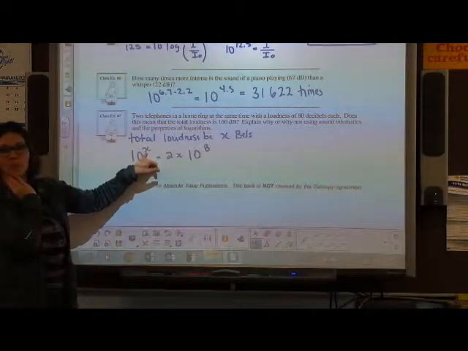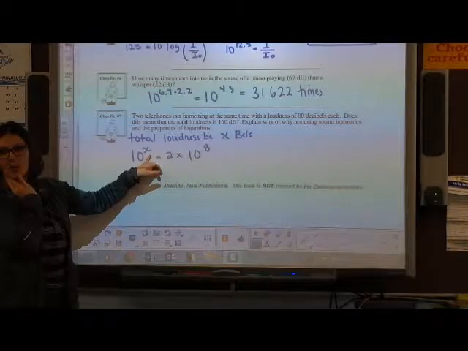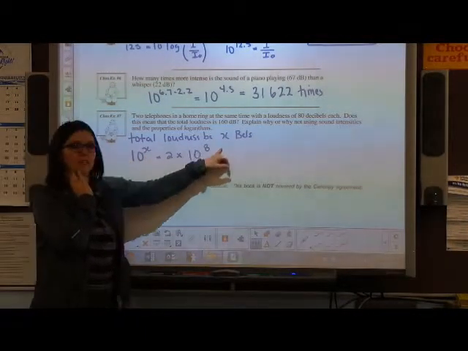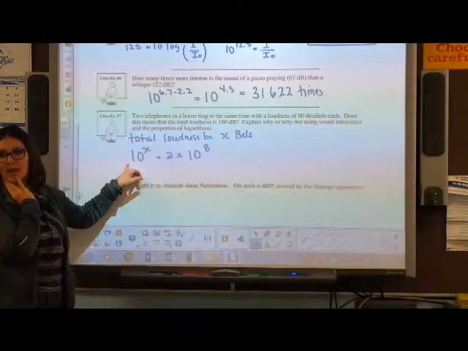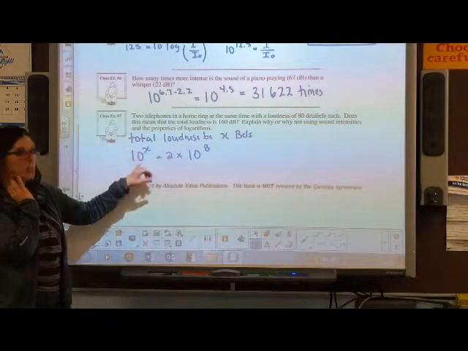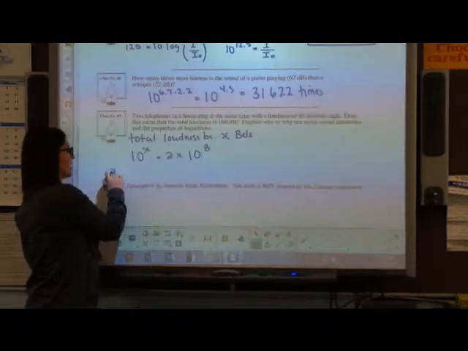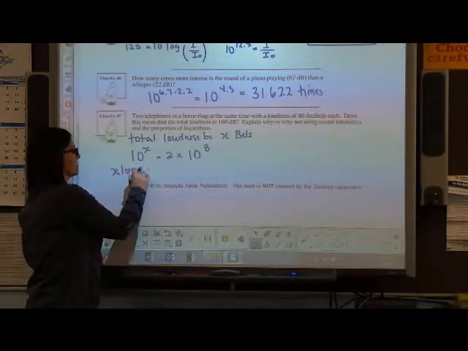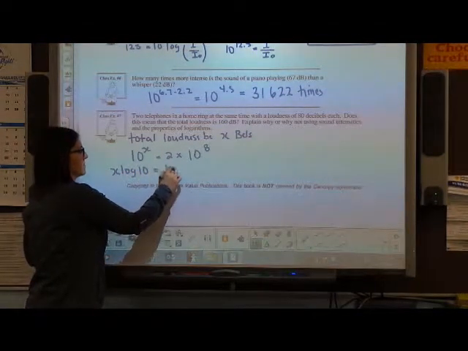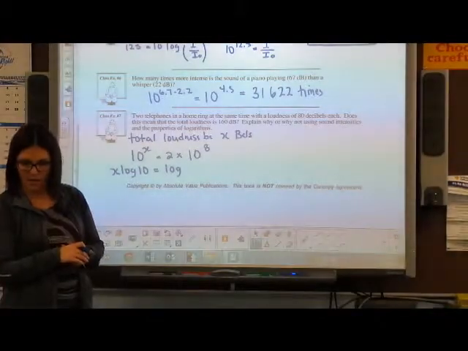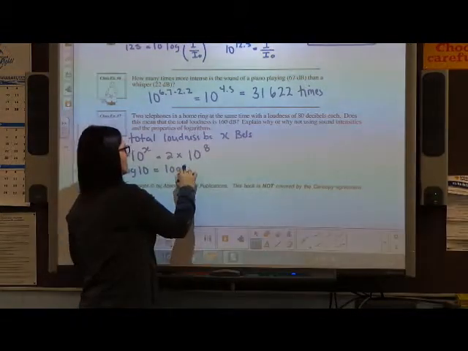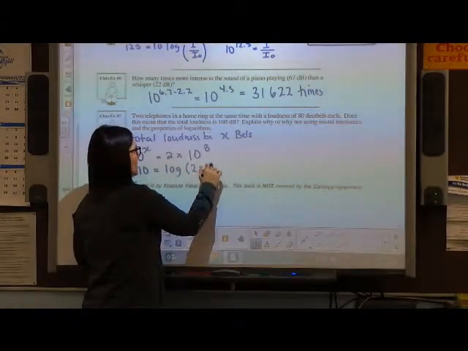So in order to move this exponent down so that I can solve it, I can't write this in logarithmic form this time, like I can't take this as an exponent because I've got this product over here. So I take the log of each side. I get log 2 times 10 to the power of 8.